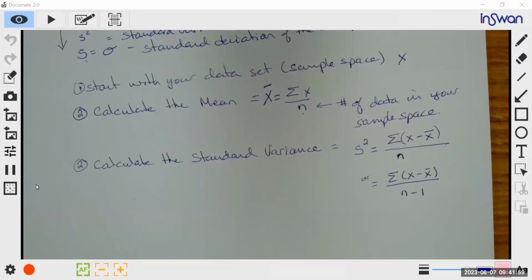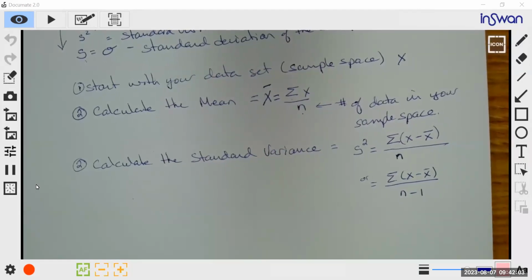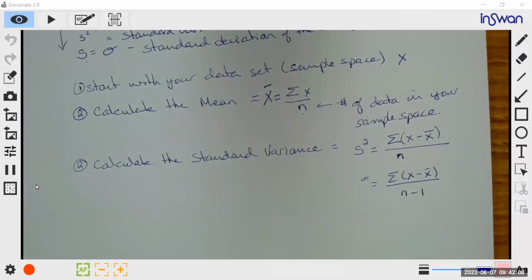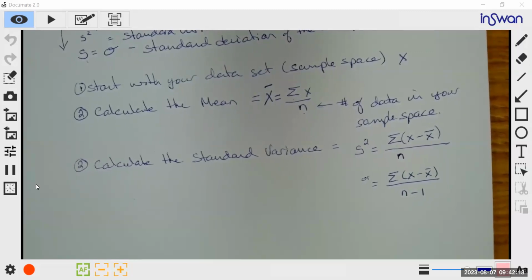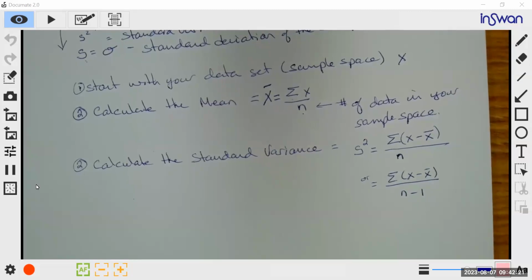And if you don't do the N minus 1 when you're supposed to, it's going to be very close to the other answer, but it's still going to be wrong. And depending on the type of data you have, whether it's binomial, probability, or frequency, each one of those sections has that formula in that section.